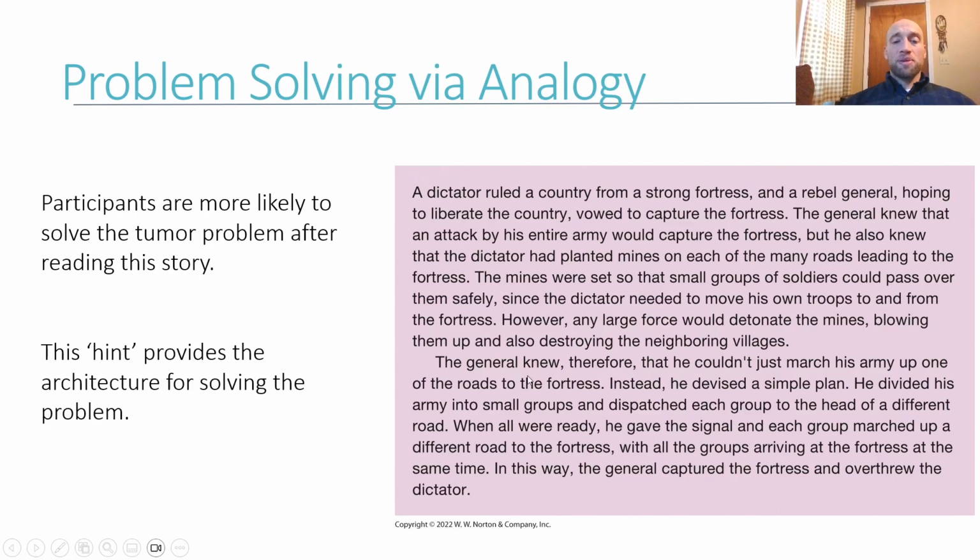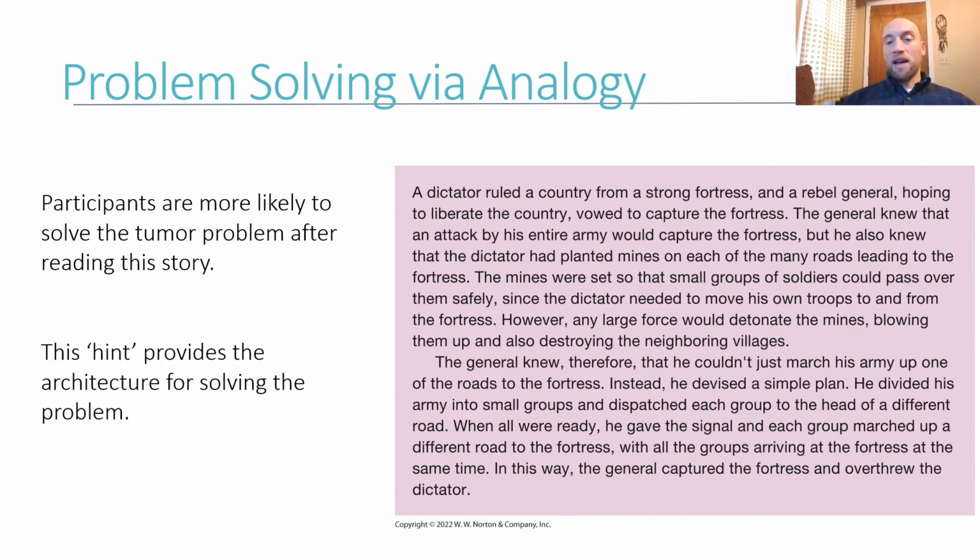There's a story that's presented to some participants prior to doing that problem. It's called the Dictator Fortress problem. The problem is, you can't just directly attack the fortress. You need to attack from many sides all at once so that your combined forces all converge on the same spot while not being detected by the fortress guards.